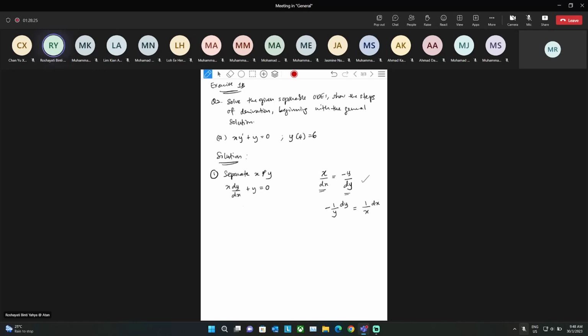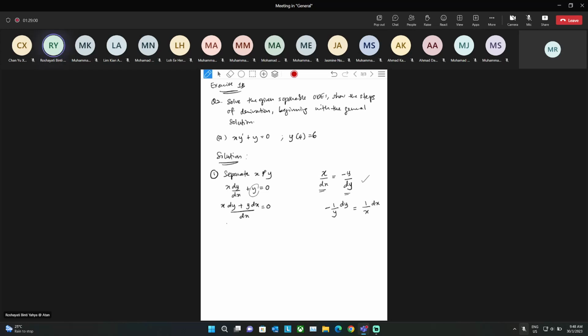Ataupun saya tunjuk cara mungkin satu-satu. Cara awak mungkin berbeza dengan cara saya, as long as you dapat jawapan yang betul dengan cara yang betul, tak ada masalah. So kalau x dy plus y dx over dx sama dengan kosong, darabkan dengan dx.